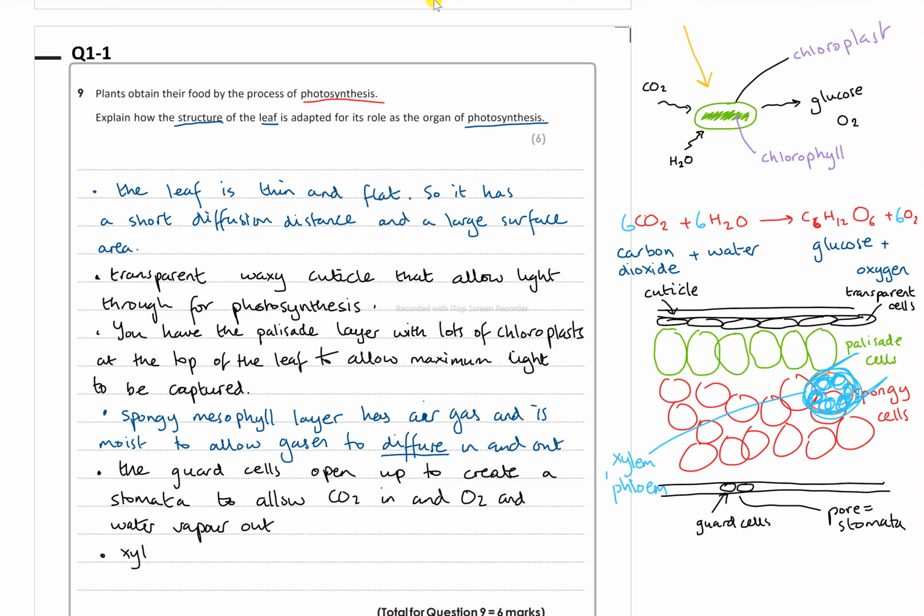The xylem is used to transport water and minerals around the plant, and the phloem transports the product of the photosynthesis.